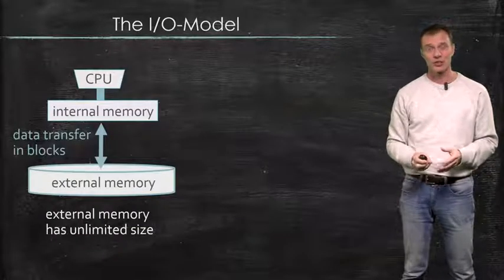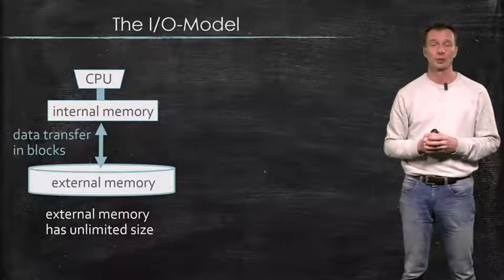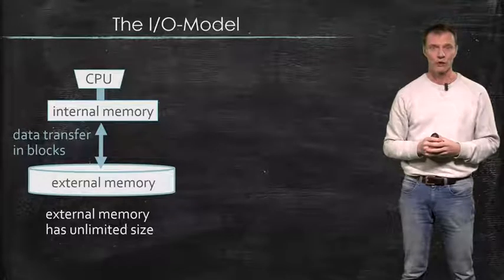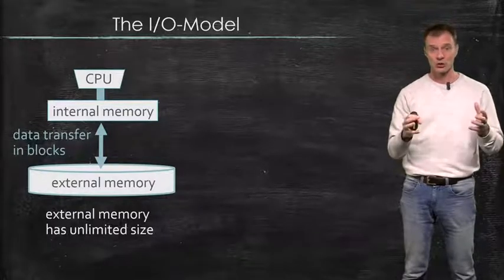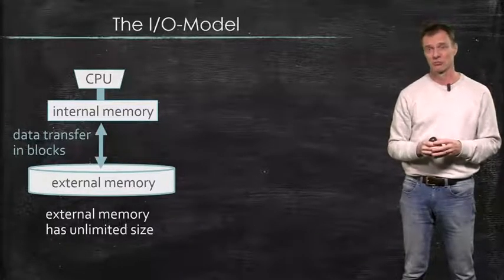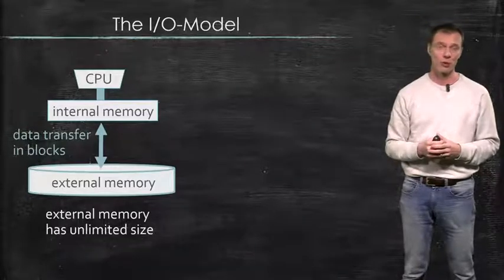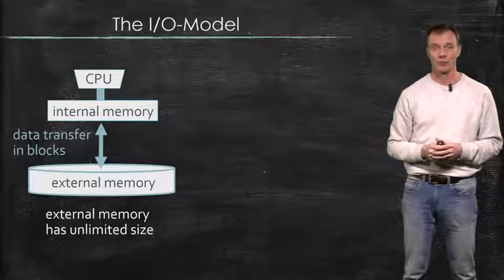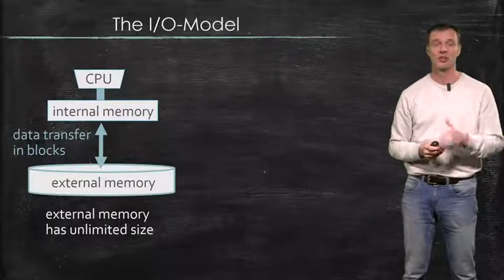Okay, so that leads us to the abstract model that we're going to use to design and analyze our I/O efficient algorithms. We have an external memory, or a disk. Sometimes we will say external memory, or sometimes just disk. And we have an internal memory. And we have a CPU that can do the computations.